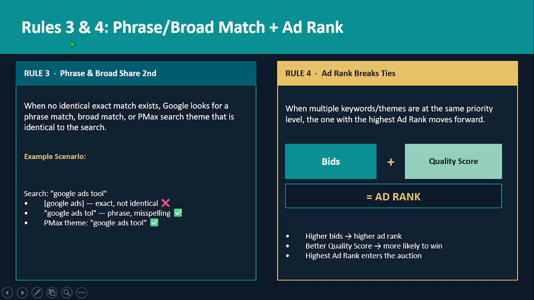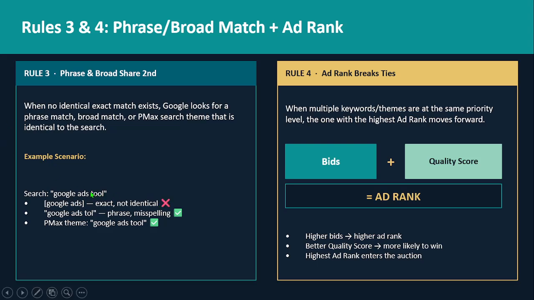Then rules 3 and 4, phrase or broad match plus ad rank. Rule 3, phrase and broad share second place. When no identical exact match exists, Google looks for a phrase match, broad match, or PMax search theme that matches the search.